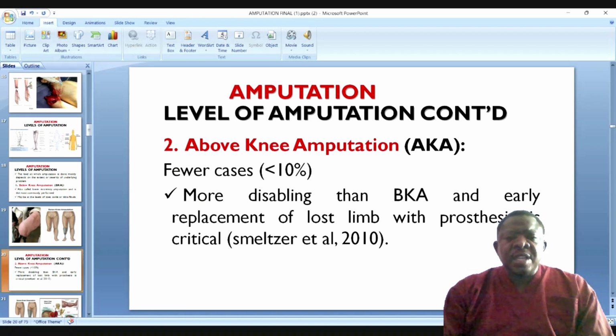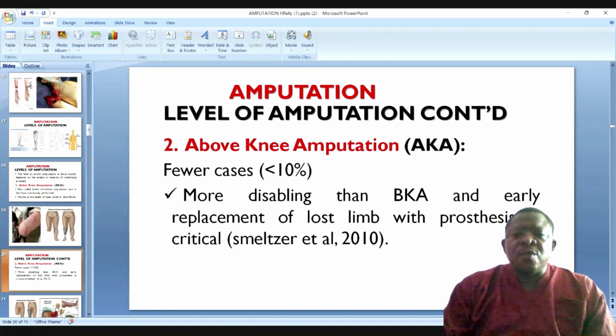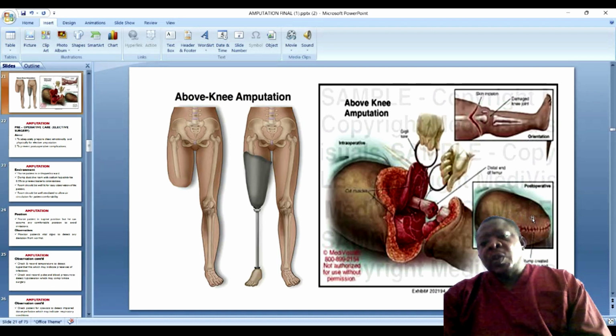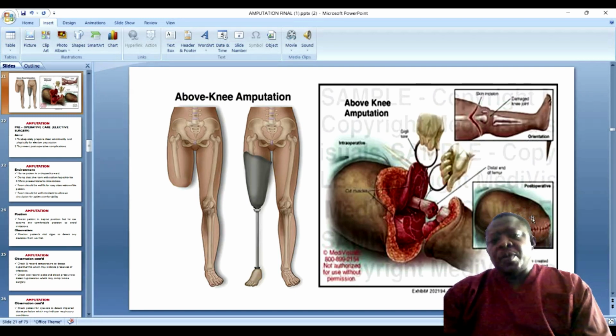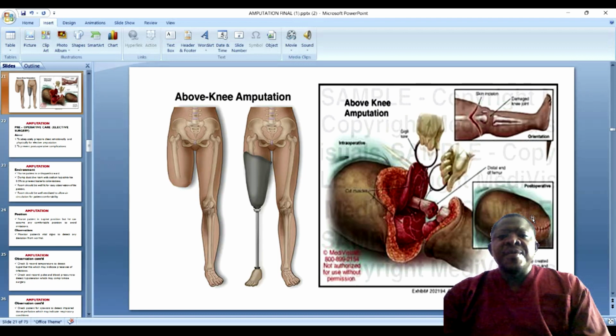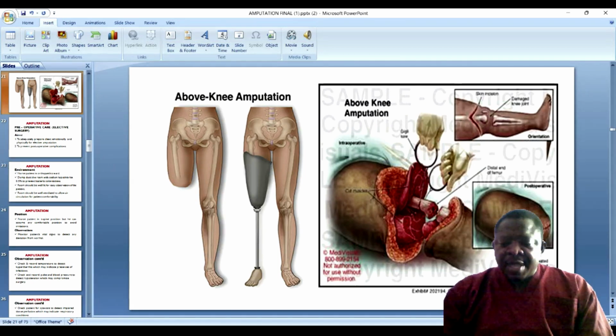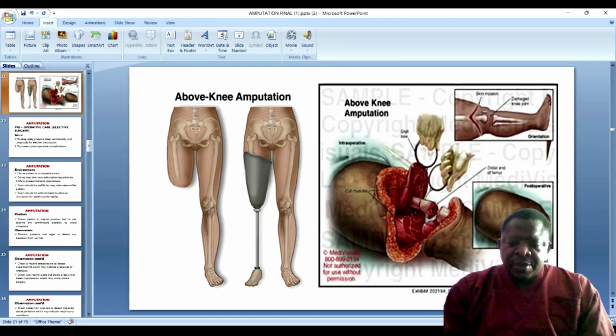This is to reduce the time of rehabilitation. So there we have a client with above knee amputation. Okay, so we also try to mimic the knee joint in the above knee amputation. Okay, so the diagrams are just there for illustration.